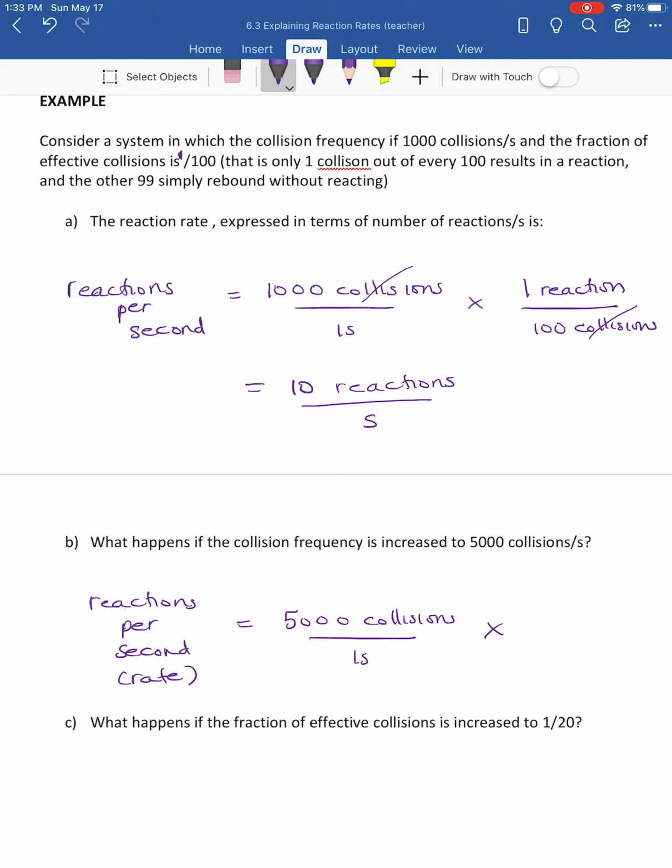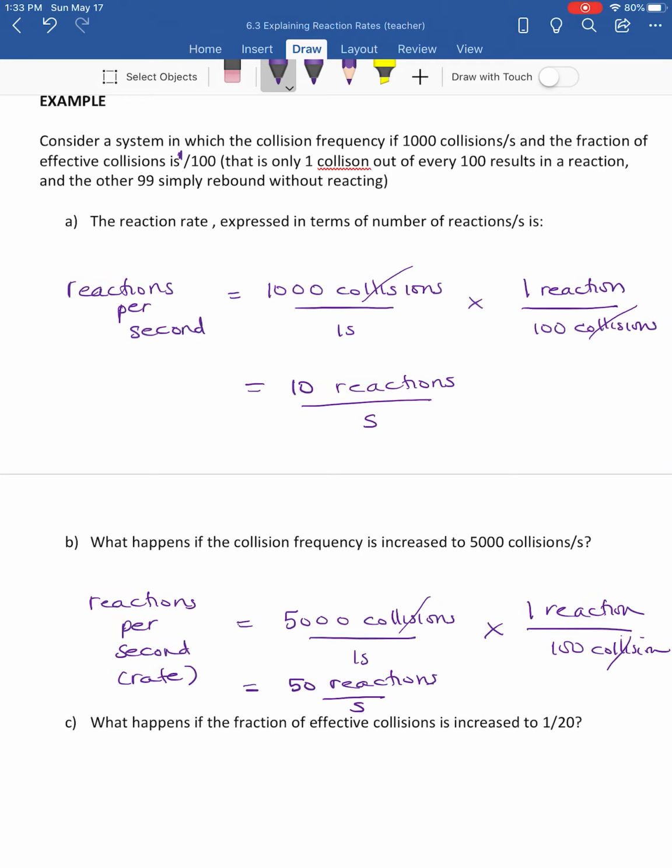Now we'll do our effectiveness, and it's still 1 reaction per 100 collisions. So we're 1% effective. When we do that math, that gives me 50 reactions per second. And that's our rate, right? My rate is 50 reactions per second.